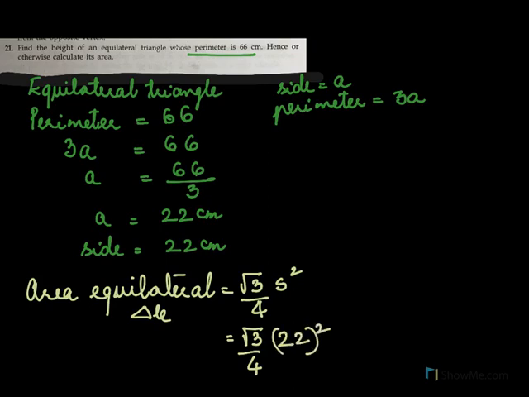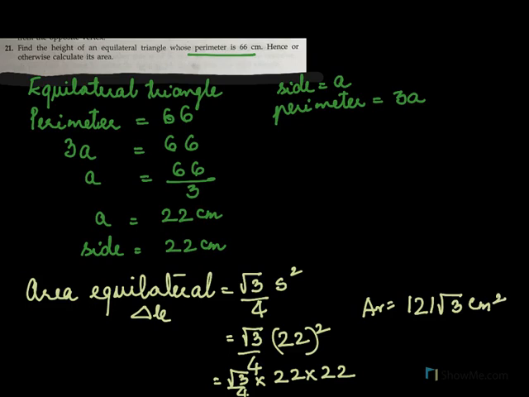So that will be root 3 by 4 into 22 into 22. And if you cancel, you will get your area as 11 into 11, so 121 root 3 centimeter square. But we are not done.